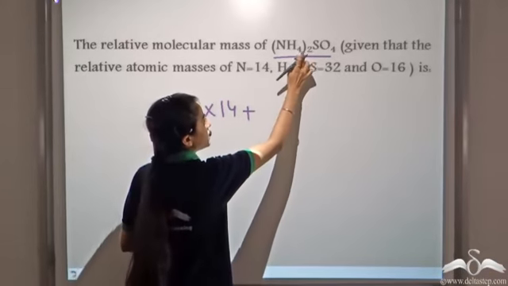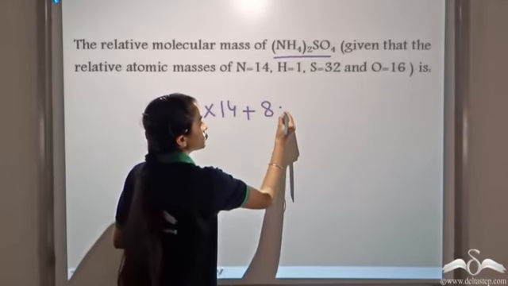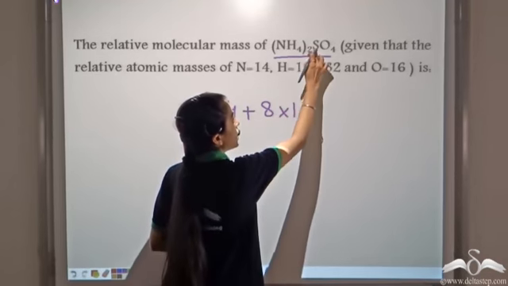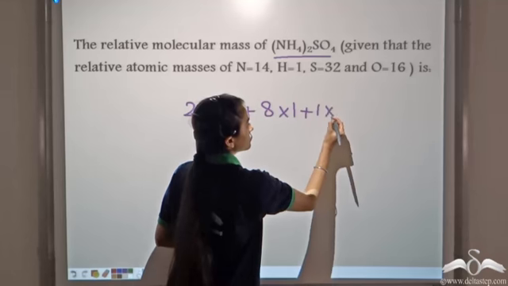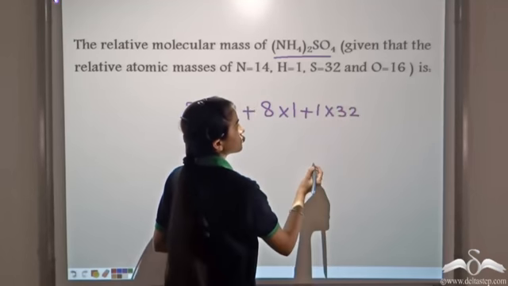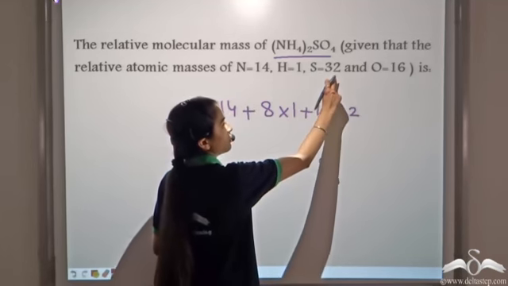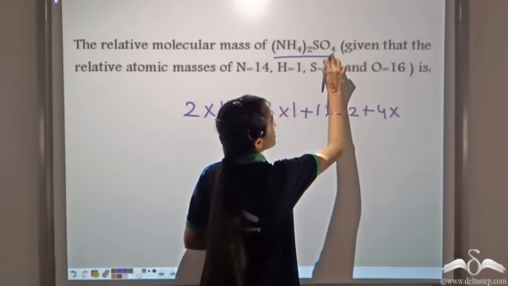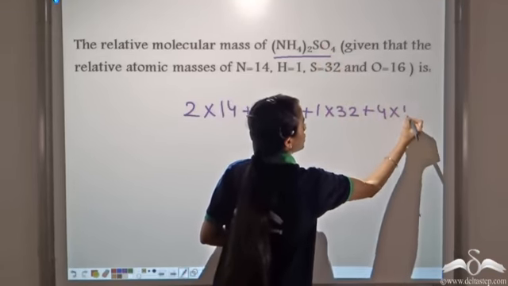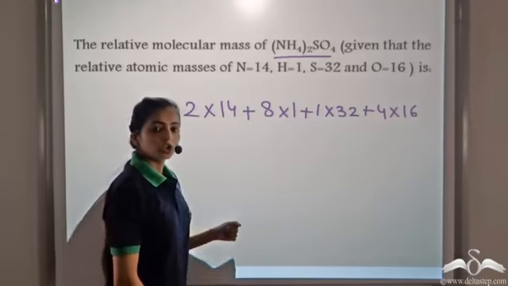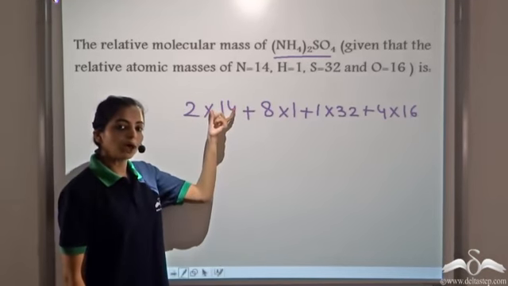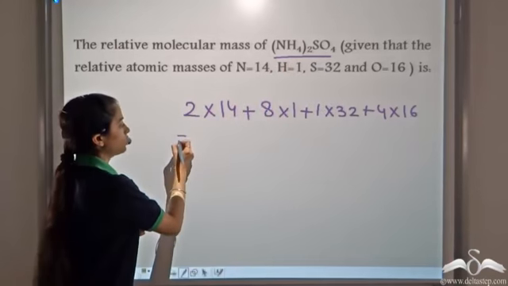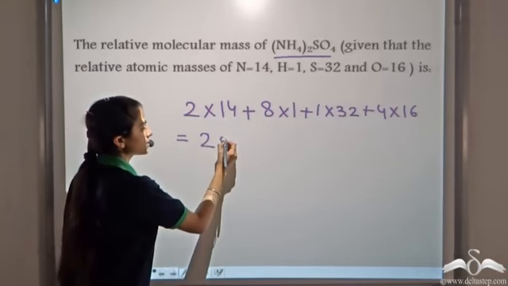We have 8 atoms of hydrogen, each having the relative atomic mass 1, 1 atom of sulfur, having relative atomic mass 32, and 4 atoms of oxygen, each having the relative atomic mass 16. So to calculate the relative molecular mass of one molecule of (NH4)2SO4, we now add each of these.